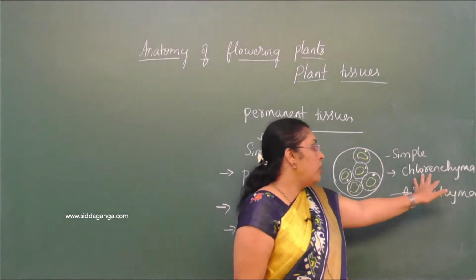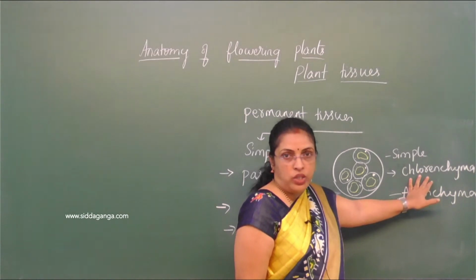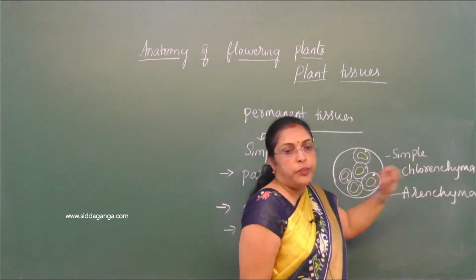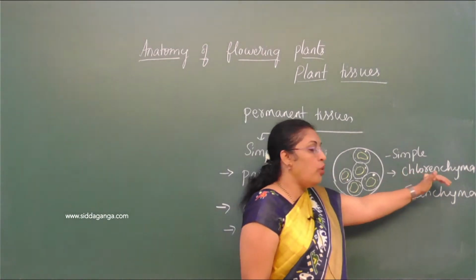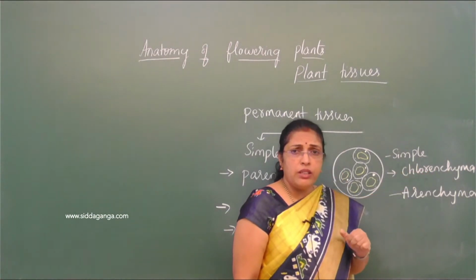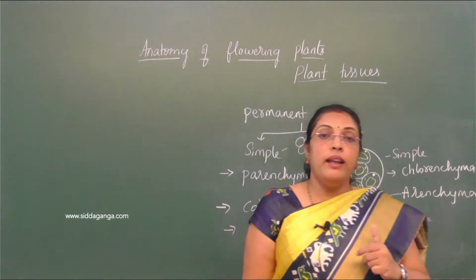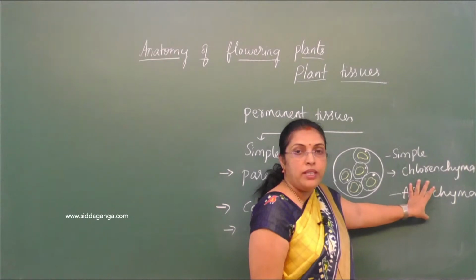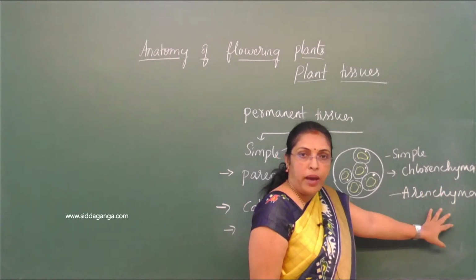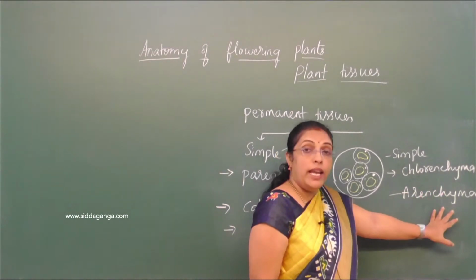Chlorenchyma means parenchyma with plastids or chloroplasts. In plants, the abundance of chlorenchyma is seen mainly in leaves. Then the presence of air cavities in parenchyma is called aerenchyma.